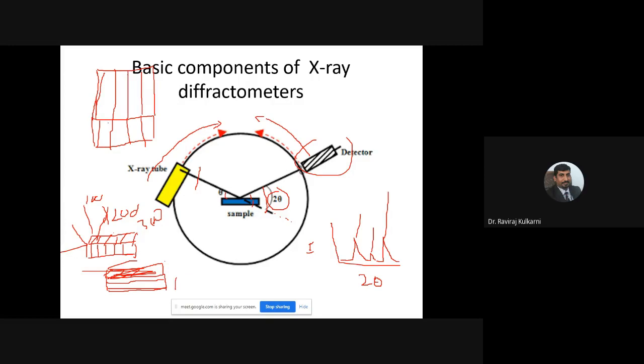So the first slice will be 010, the second slice will be 020. Along the z axis, if I am cutting, the first slice will be 001 and the second slice will be 002. Sometimes if you go to some bakeries, they cut the slices like this. This is a pound of bread.